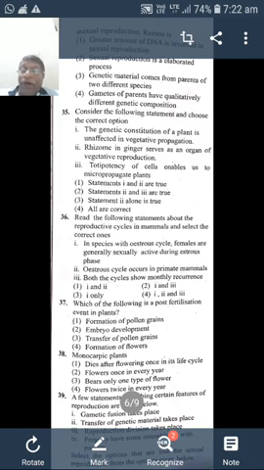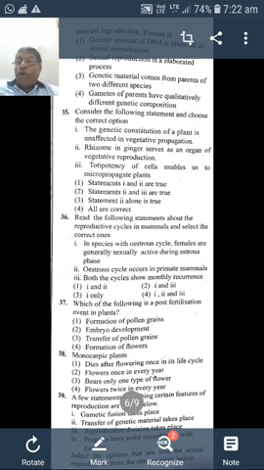Sexual reproduction is an elaborate process. Genetic material comes from the parents of two different species. Gametes of parents have qualitatively different genetic composition.